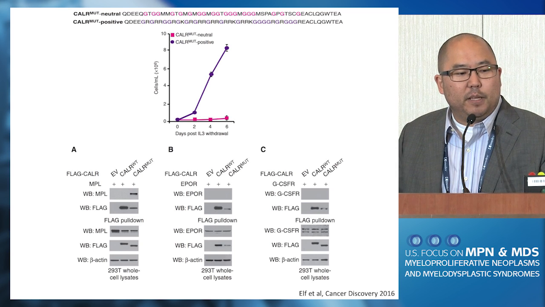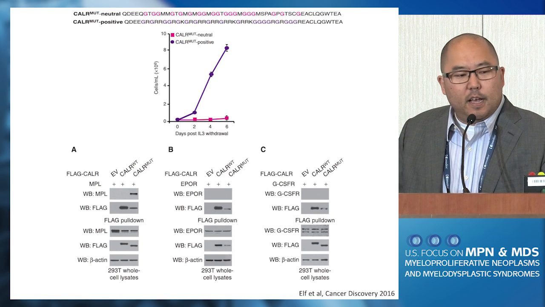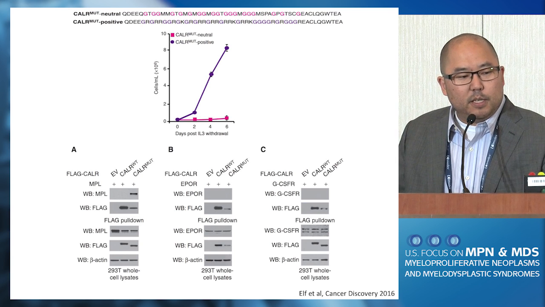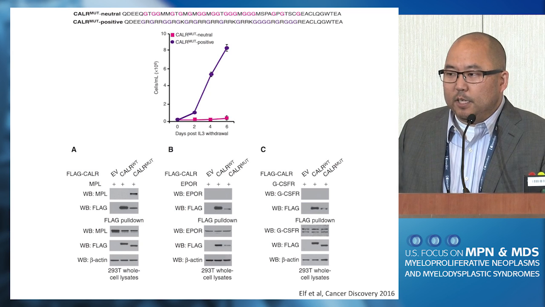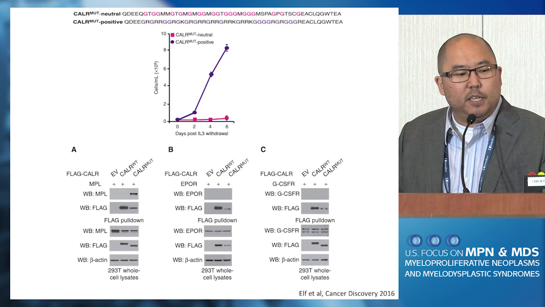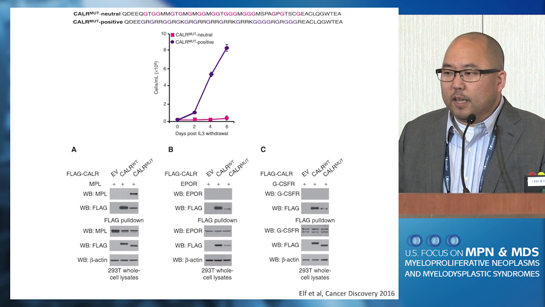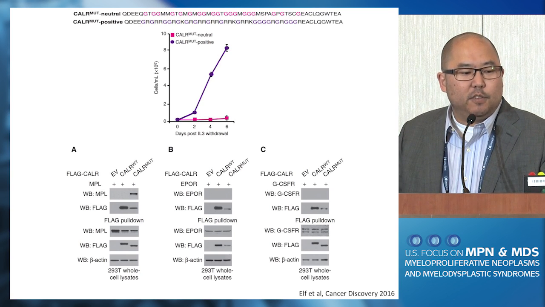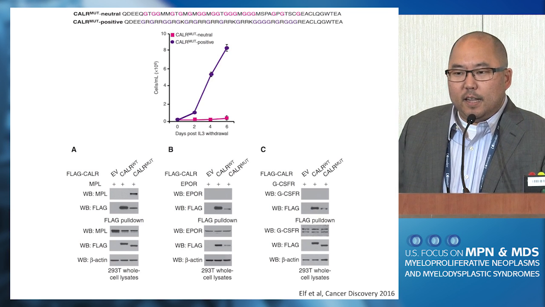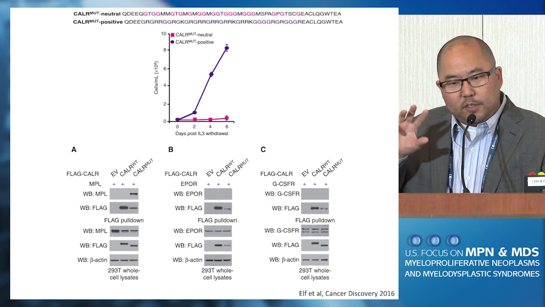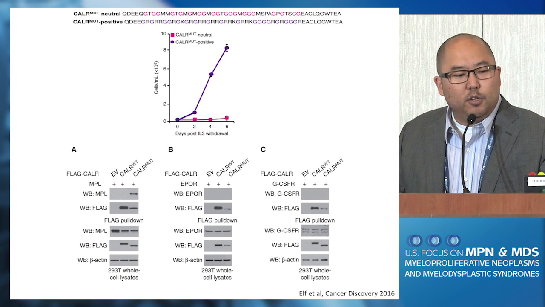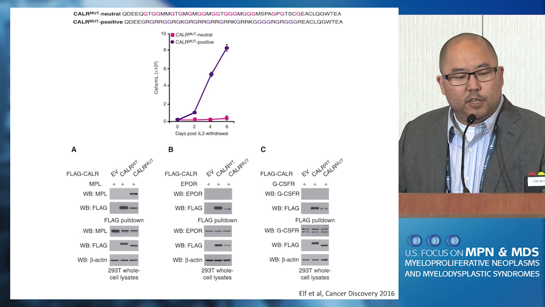And you can actually replicate that simply by generating artificially a sequence that is mostly positively charged, but is not actually the same sequence that's present in these calreticulin mutations, and you get the same effect. So you see cytokine-independent growth with this positively charged mutant form of calreticulin, and you see activation of JAK-STAT signaling as well. So again, it's not the specific amino acids, but rather this overall net change to a positive region of amino acids.